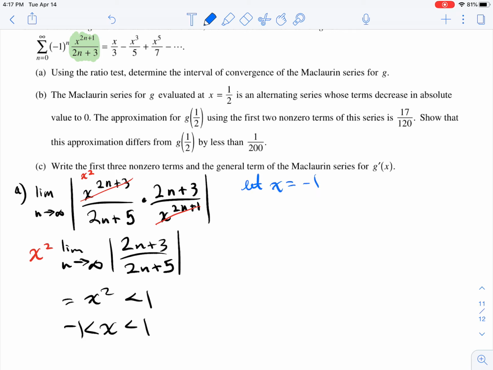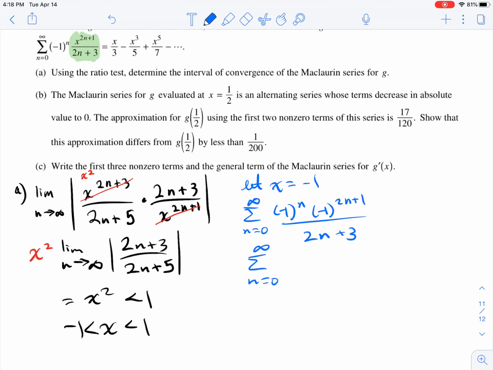When x is equal to negative 1, we're looking at the summation of negative 1 to the n times, plugging in negative 1 for x, negative 1 to the 2n plus 1, all of that over 2n plus 3. However you want to think about this, you should be able to simplify that numerator until it resembles something like this.